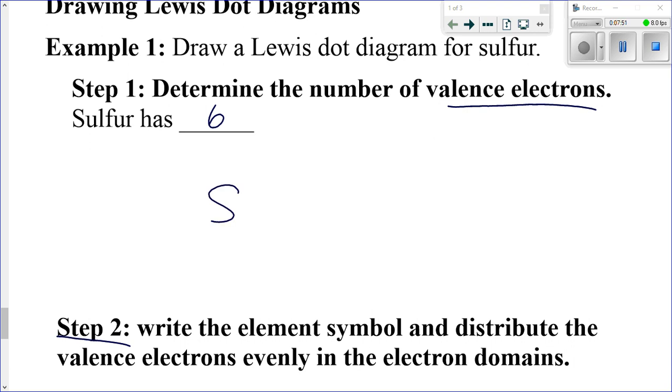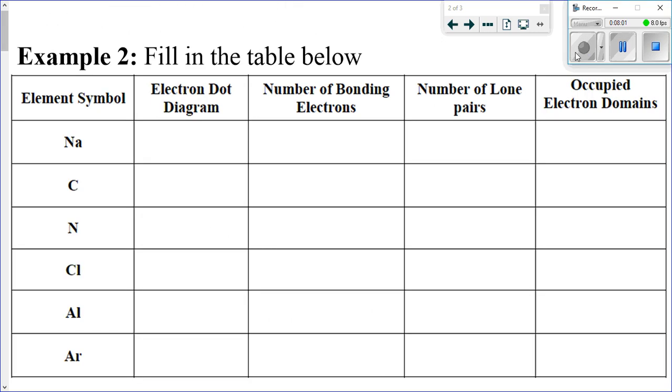So we draw sulfur, it has 6, we distribute the 4 first, and then we partner them up. Okay, I'm going to give you 5 minutes to fill in this table, and then we will review it up on the board.